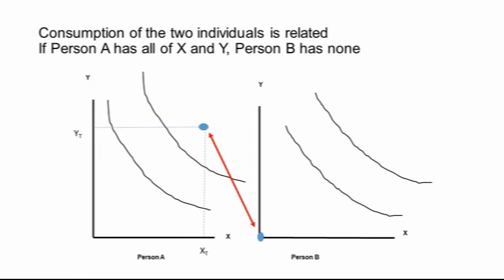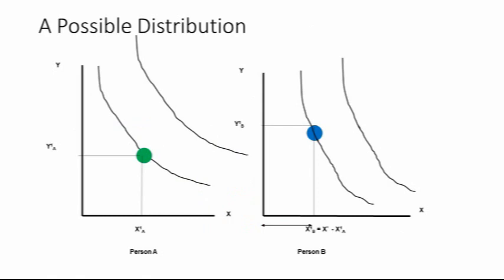So I can look at those two utility maps again and notice how the two individuals are linked. If, for example, person B does not have any of the two goods, so the amount of good X and the amount of good Y that person B has are 0, 0 of each, we're at the origin, well, that must mean that person A has all of the two goods, so has XT and YT of the two goods.